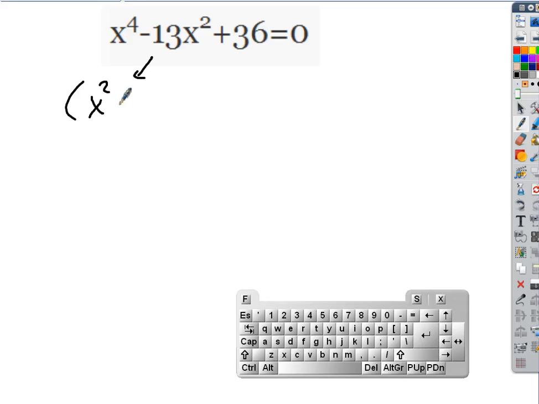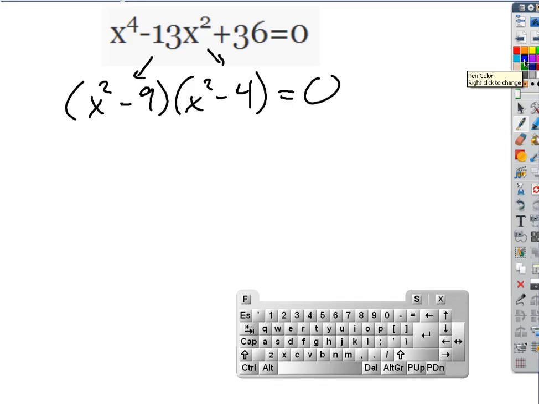Well, when x squared equals 9, which is when x equals plus or minus 3. So there are two answers, right? Now, what about over here? We could set that factor equal to 0, which is when x squared equals 4, which is when x equals plus or minus 2.